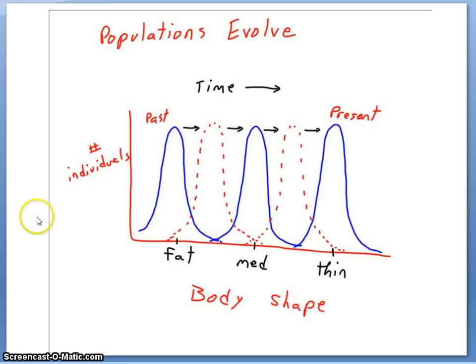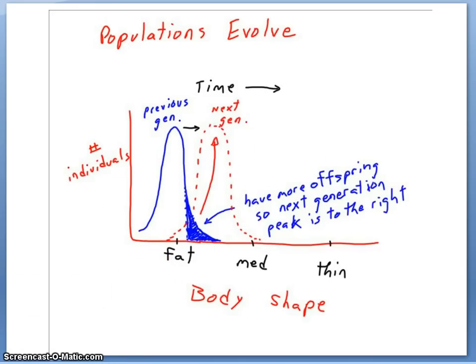Now to see how that's happening, let's take a look at just one section of this graph. So now we see two generations, the original ancestral generation, where most individuals were fat, and then the next generation, the dotted red line. So when birds are in the environment, and again, remember, there are sticks in the environment, so your body shape is a measure of your camouflage.